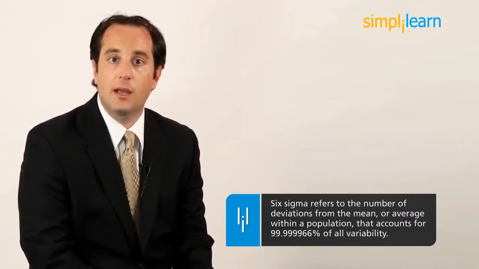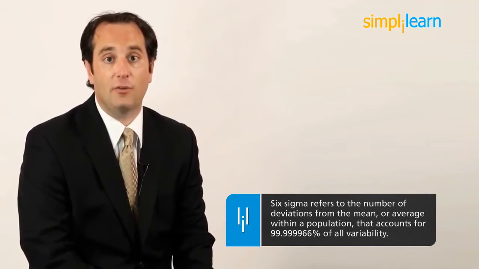You should also be familiar with 6 Sigma and what it represents. 6 Sigma refers to the number of deviations from the mean or average within a population that accounts for 99.9999966% of all variability. This means that any data point outside of 6 Sigma would occur only 3 times in a million.